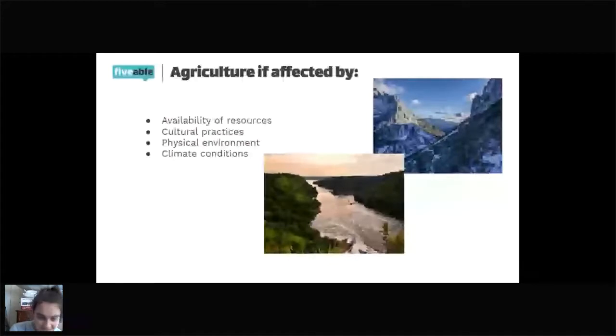Agriculture. What is agriculture affected by? I think these are the four main points that affect agriculture. First, availability of resources, like we talked before, that would include water. In the beginning of agriculture, the main things would be water and fertile land, right?